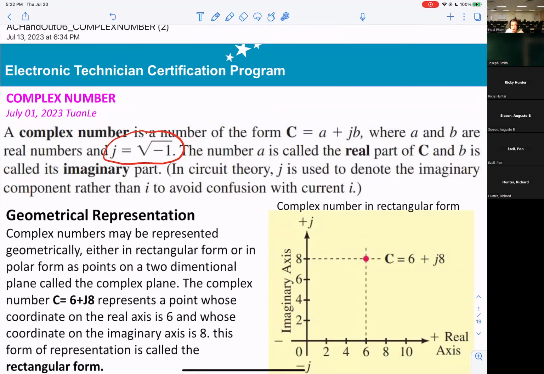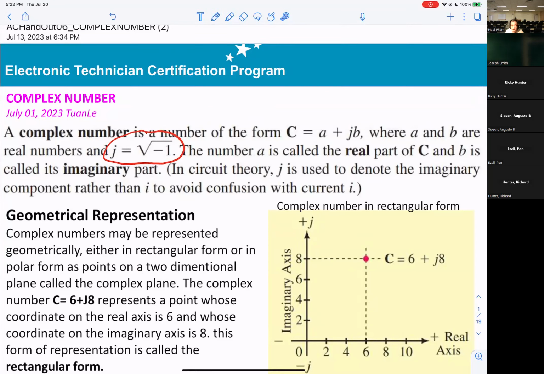Now we'll see. This is the real axis. Going up is J. Going down will be -J. Everything here will be the real. The J operator rotates a phasor by 90 degrees.